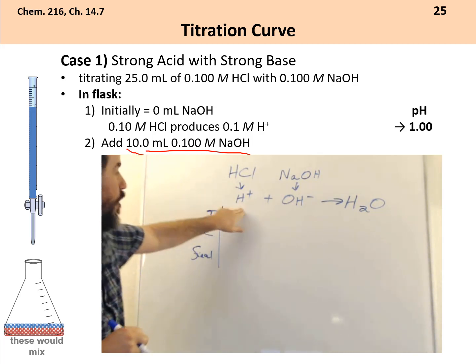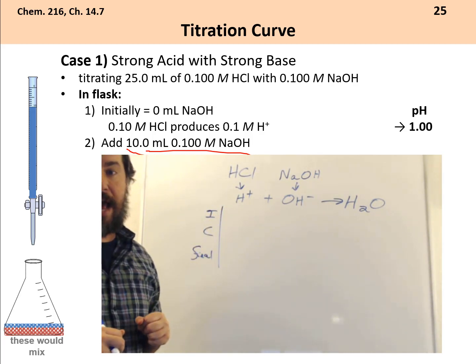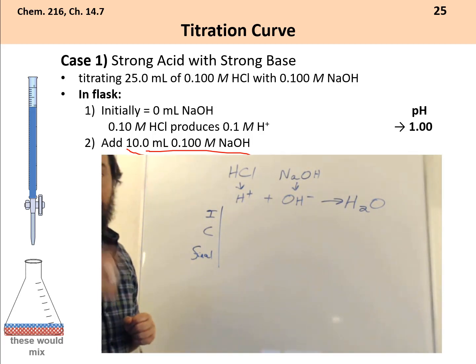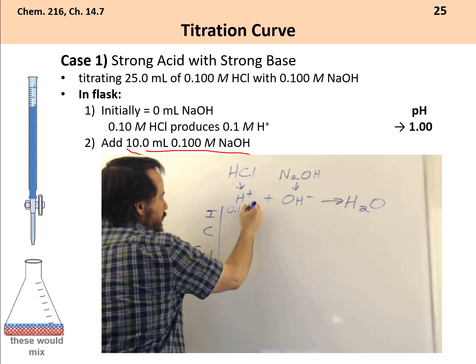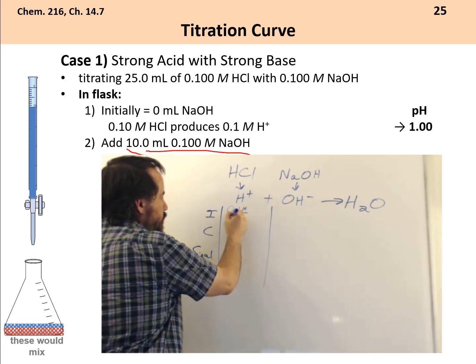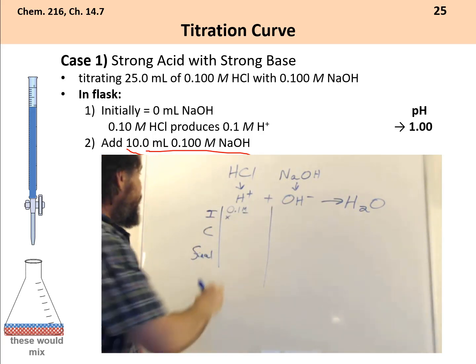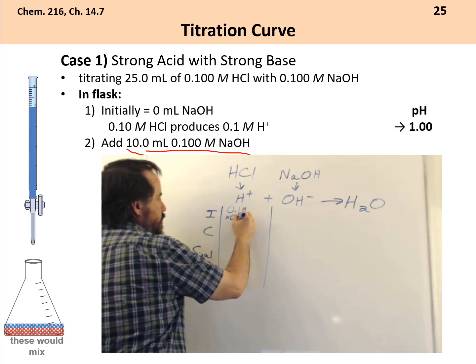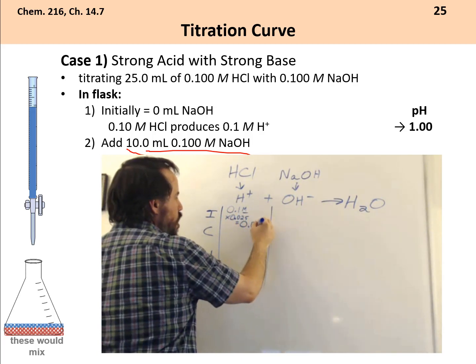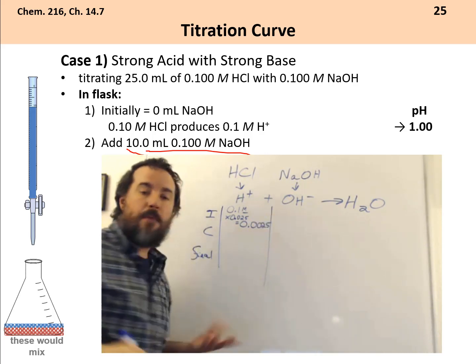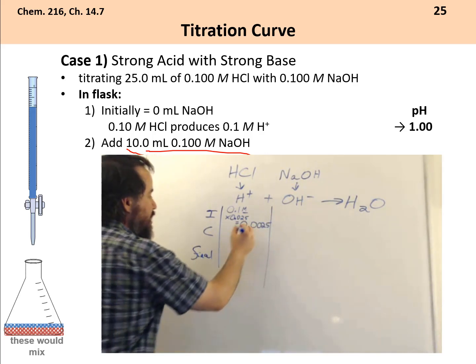All right, so let's figure out how many moles of each I have. Okay, so the amount of H plus I have, notice I have 0.1 molar H plus, and I have 25 mLs of that. So that's going to give me 0.0025 moles of my H plus.